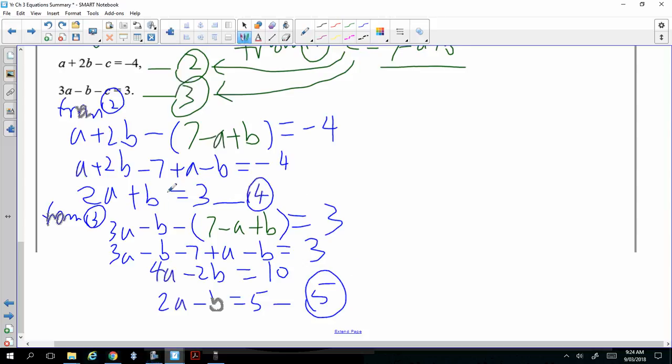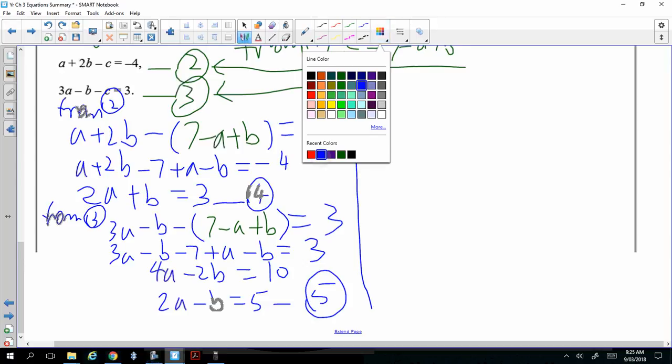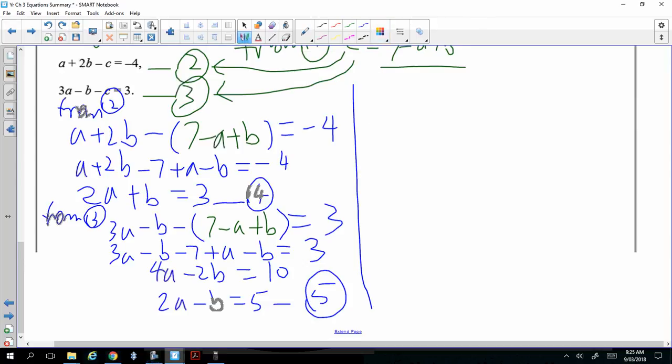So from there, let's write them out again. 2A plus B equal to 3. 2A minus B equal to 5. So 4 and 5. How do we solve for the variable? We'll be using elimination. We'll be adding them, right?